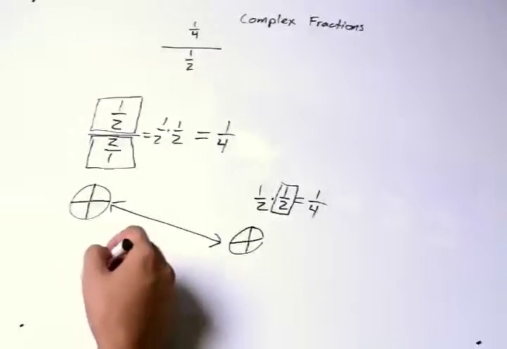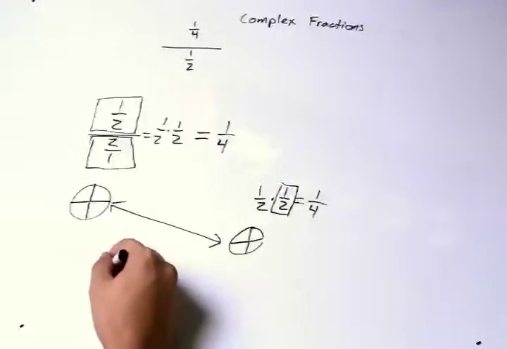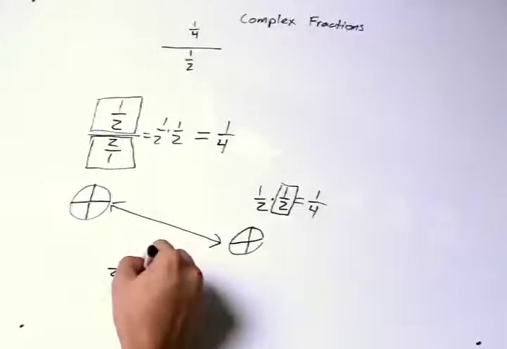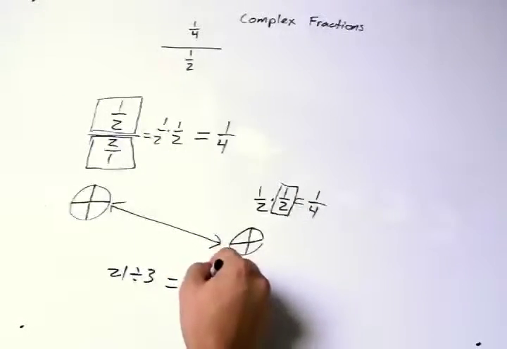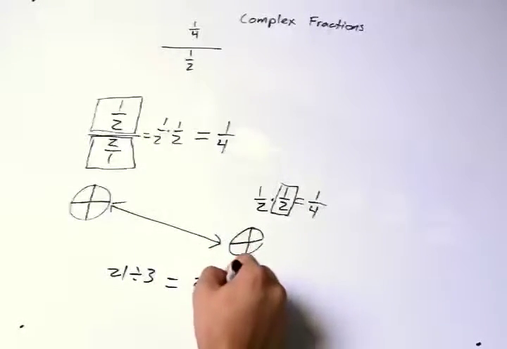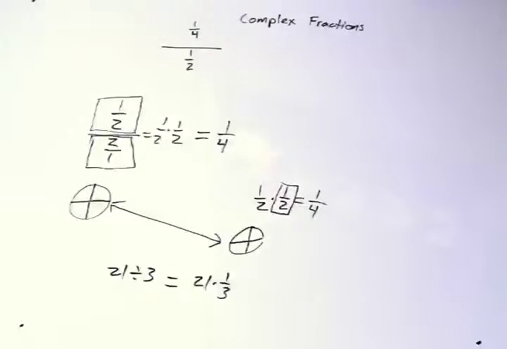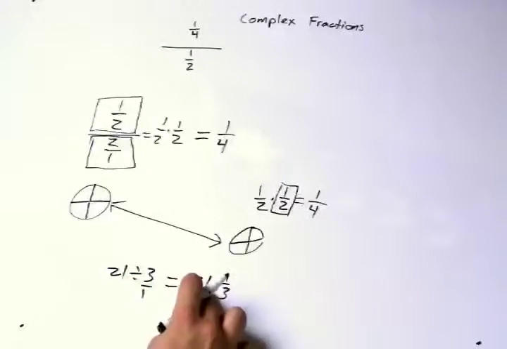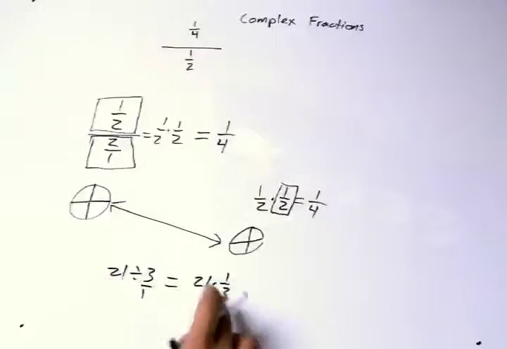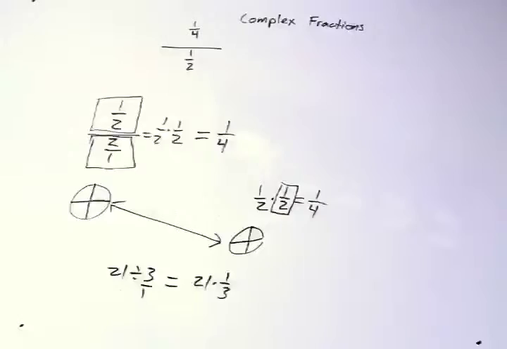If I have 21 divided by 3, that means the same thing as 1/3 of 21. And you can see how those are reciprocals. So whenever you're dividing by something, it's the same thing as multiplying by the reciprocal of it. So that's the first technique we're going to use here.